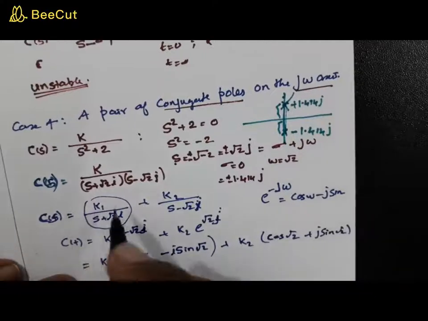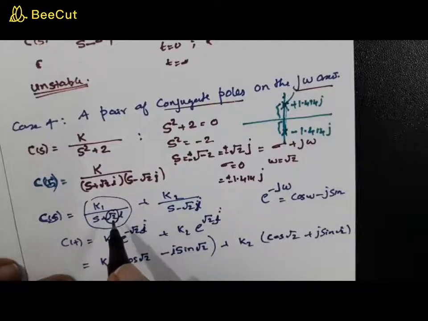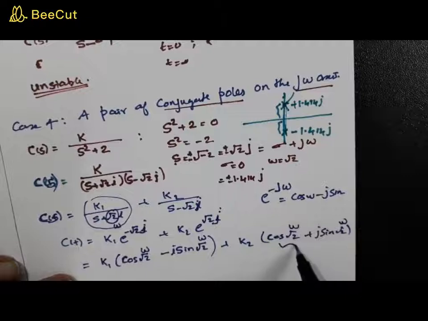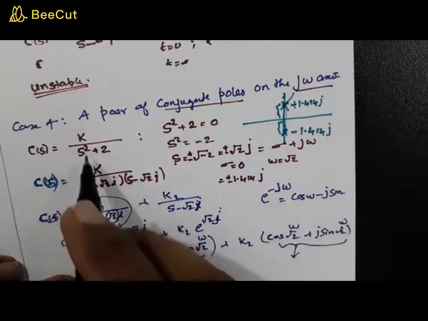Imagine that this root 2 is a constant. If it had been a variable, say something like omega, you would be getting cos omega, sine omega. So as omega varies, this also varies. I've just taken this as an example.